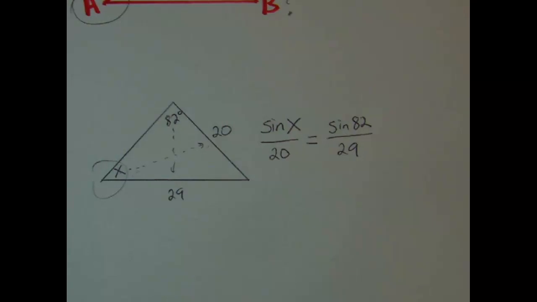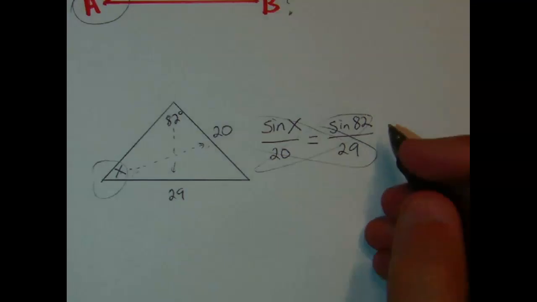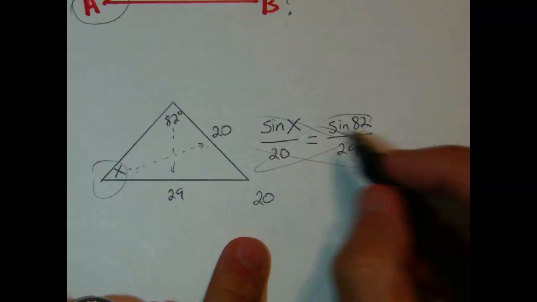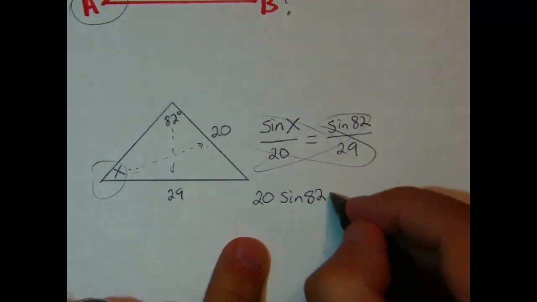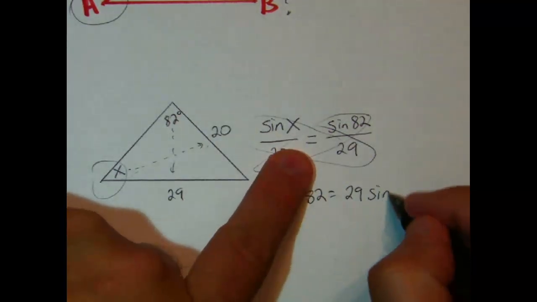Now we are going to cross multiply and divide since this is a proportion. And so I would have 20 sine 82 is equal to 29 sine X.